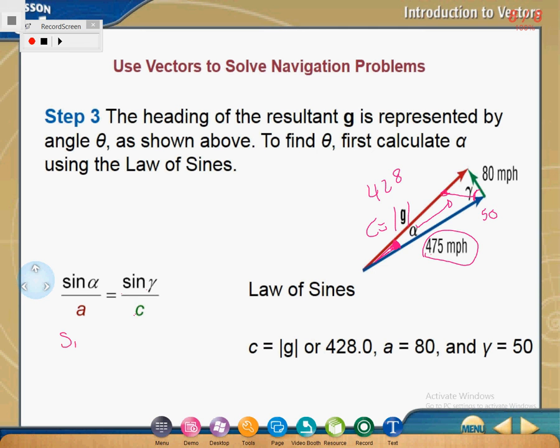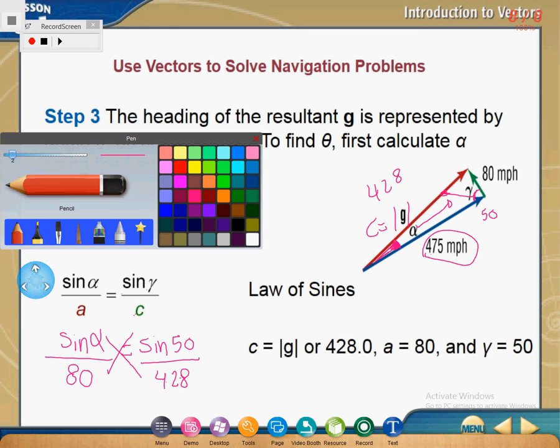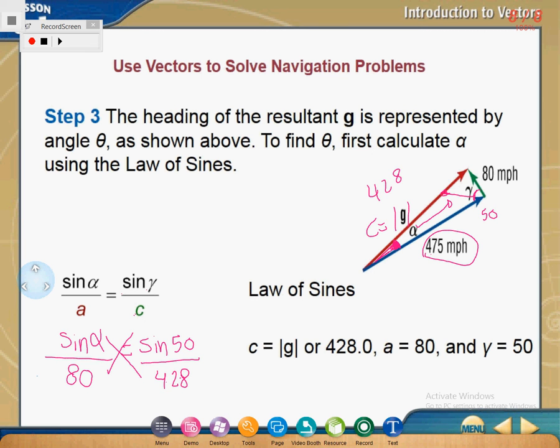Let's solve. Sine alpha, which I don't know, I'll keep it alpha, over A is 80, the opposite side, equal sine gamma, which is sine 50, over C, which is 428. Now, what do I have to do? Excellent, cross multiplication. Okay, let's see what will happen now. I am going step by step, so I need another slide.